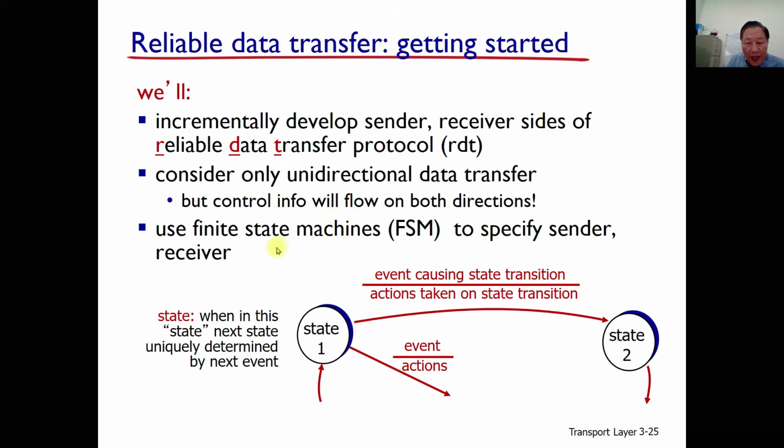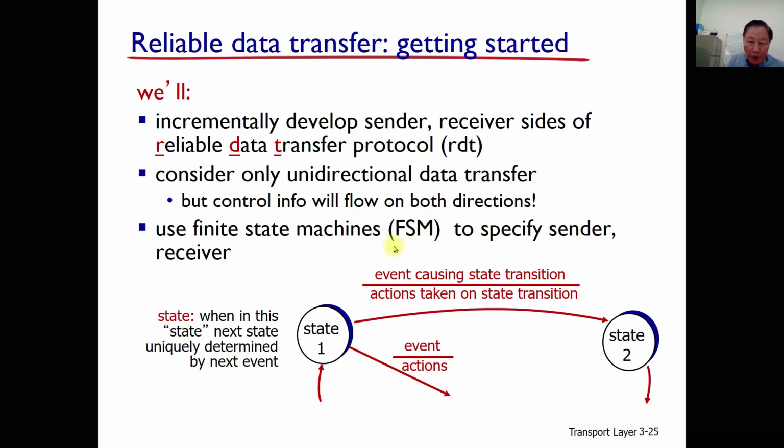We will use a finite state machine. We can think of a module as a kind of finite state machine to specify the sender side and receiver side module. Here, this one explains that concept.